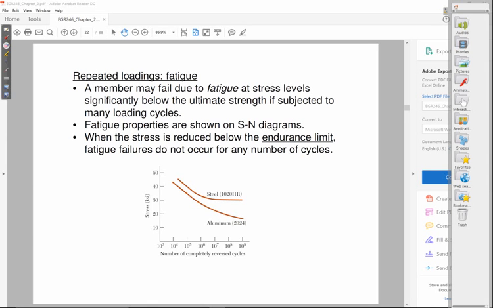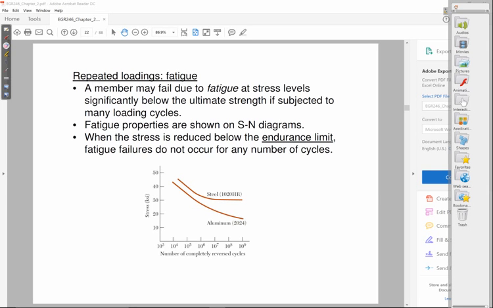And of course, you have to set the stress level that you're going to load your part at. Then you just let this machine run. It keeps counting how many times it loads and unloads until your piece breaks. Then you note down the stress level that you applied and how many cycles you applied before it broke.